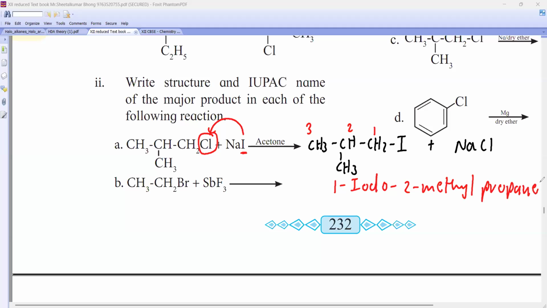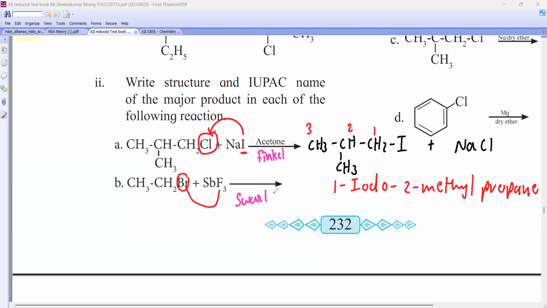Look here. What will happen here? Come on, Navya, you tell me what will happen. Bromine will be replaced by fluorine. Which reaction was this, beta? This one was Finkelstein. And this is what, beta?